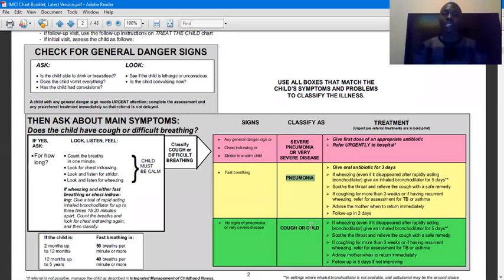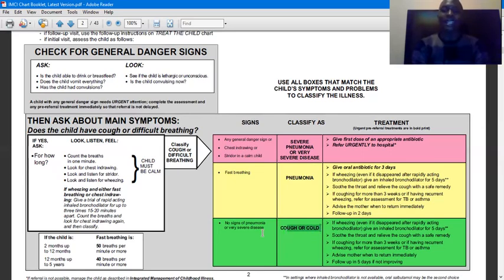So according to IMCI, if the child comes with a main symptom of cough or difficulties in breathing accompanied by fast breaths, you classify it as pneumonia. And if the child presents with no signs of pneumonia, you classify the symptom as just a cough or a cold.